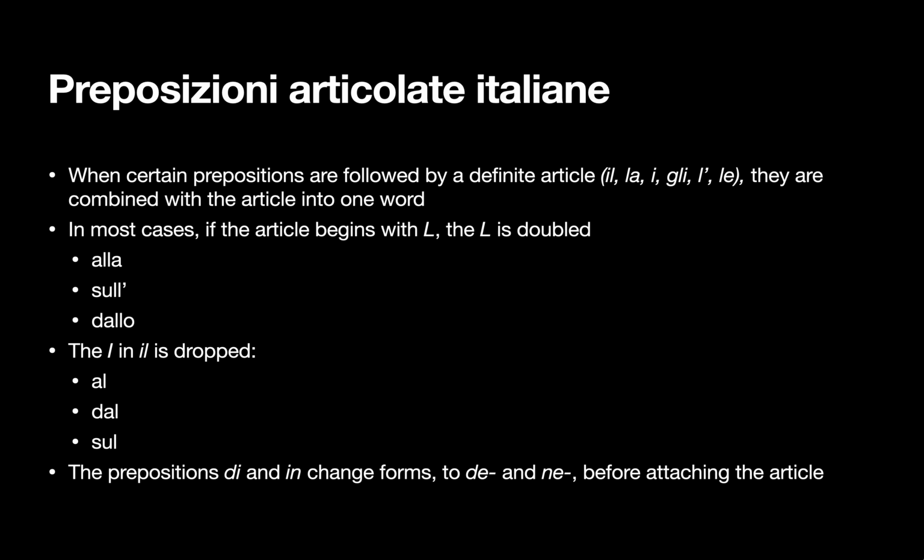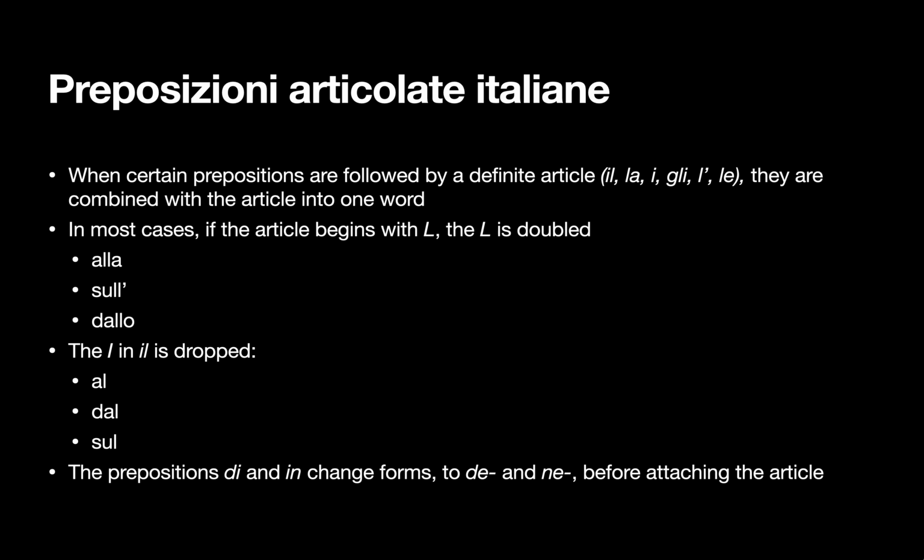Finally, you can see that in the examples I just gave you, the article is just tacked onto the preposition. So a plus la becomes alla, su plus lo becomes sullo, and da plus lo becomes dallo.